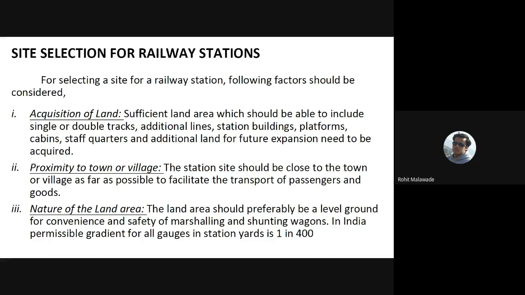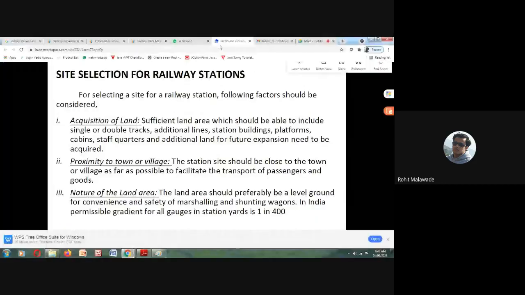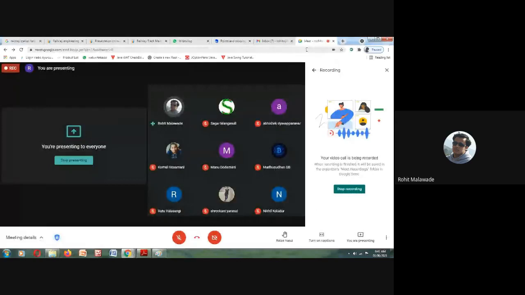We should have a good amount of area in and around, so that if we want a number of lines, or want to increase the number of tracks, and have the station building, platform, double track, cabins, and staff requirement, it can be fulfilled.